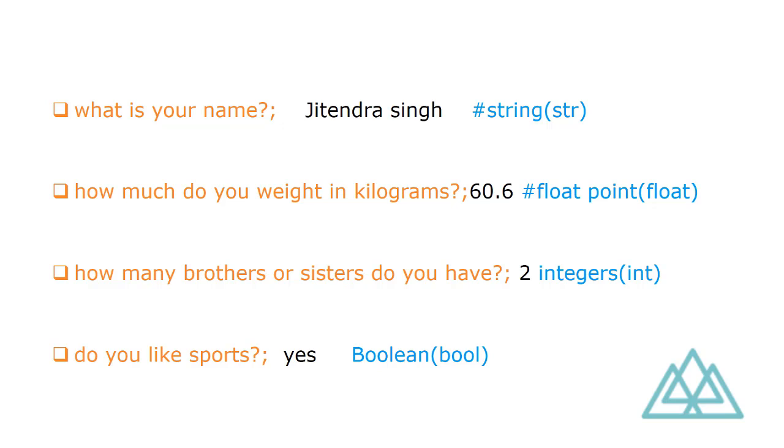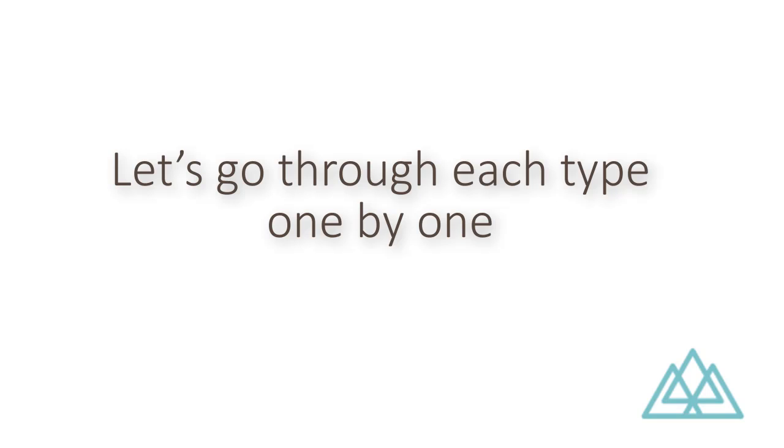And the last one is type Boolean, which means there are only two possible values, either true or false. Let's go through each type one by one.